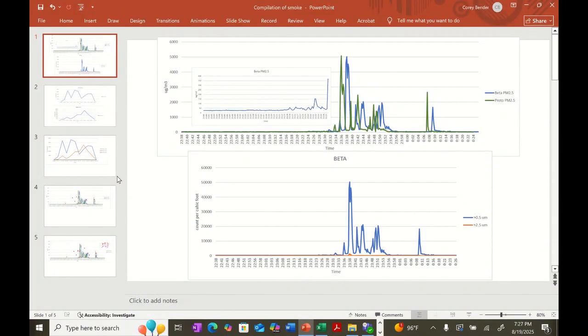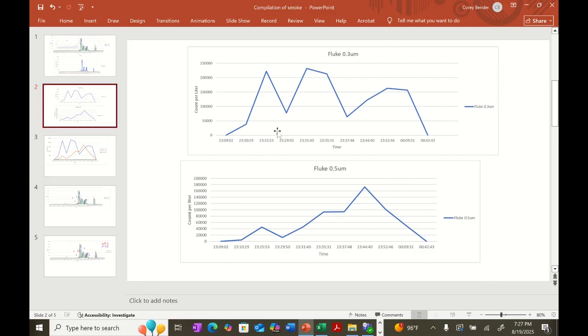Okay, so at this point in the video, as far as the Dylos are concerned, we are over here where there isn't much signal. But for the Fluke, this was the 0 that I did, this was the background, the third measurement was here, and the fourth measurement was here.